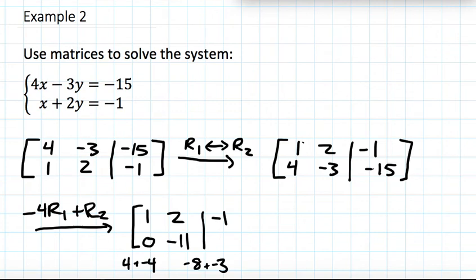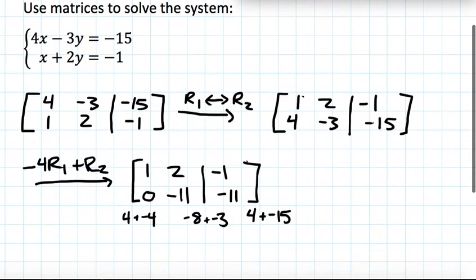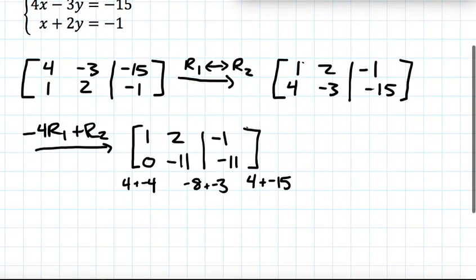And then to the right of the vertical line, I'm going to have -4 times -1, which is +4, plus the -15, which is already there, which is also -11. So that's what the matrix looks like after that step B.